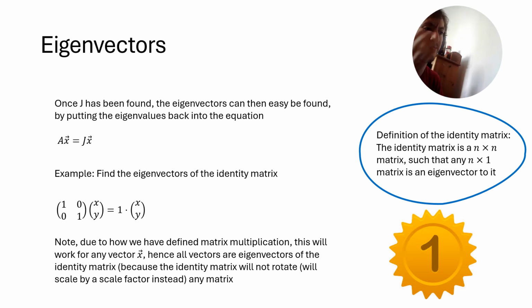And so you can actually define the identity matrix with regards to the idea of eigenvectors. And this makes sense because we've said again that the identity matrix should leave any vector unchanged, so any vector should be an eigenvector of it.